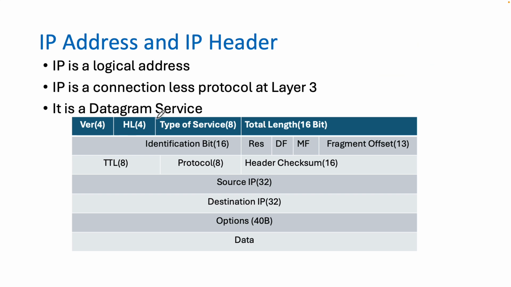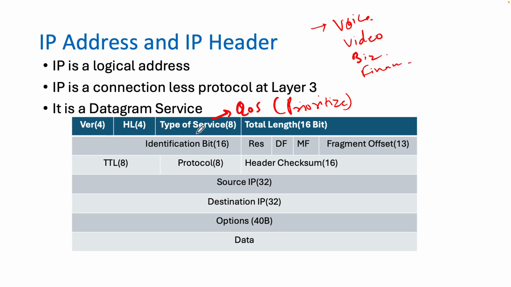So this is done. Now this type of service, this is the 8-bit field. It is mainly for quality of service, which means precedence. You want to prioritize the traffic based on the type of application. Maybe we want high precedence for voice traffic or video traffic or business critical applications, right? Or financial applications. So you can use these 8 bits to do this.